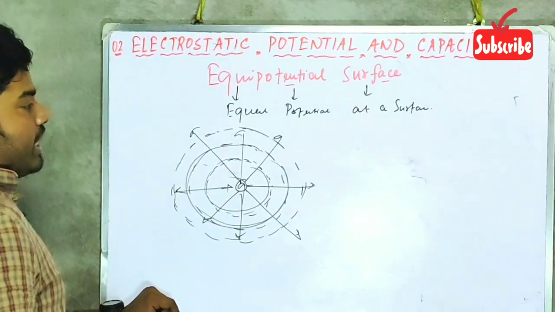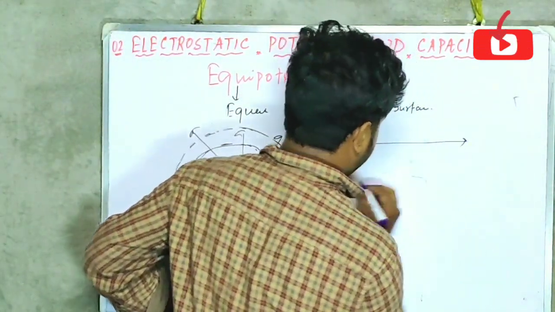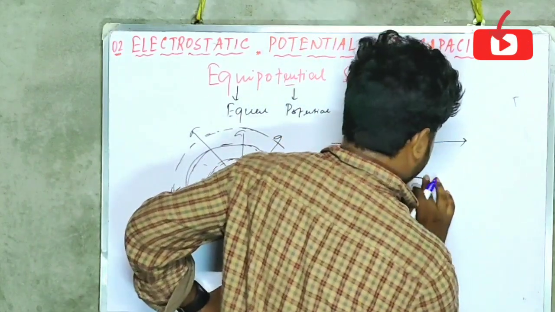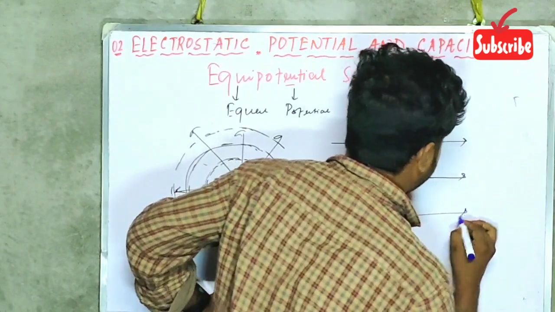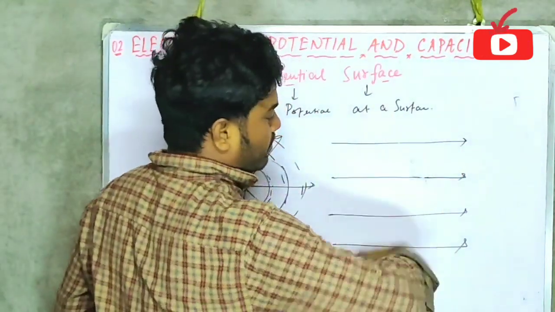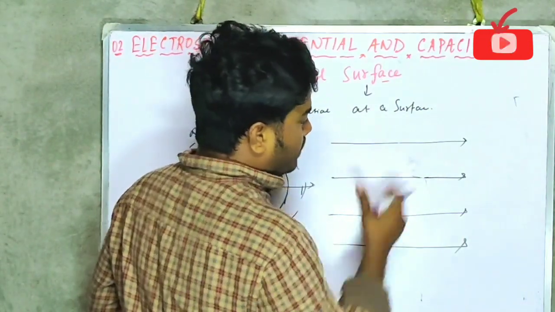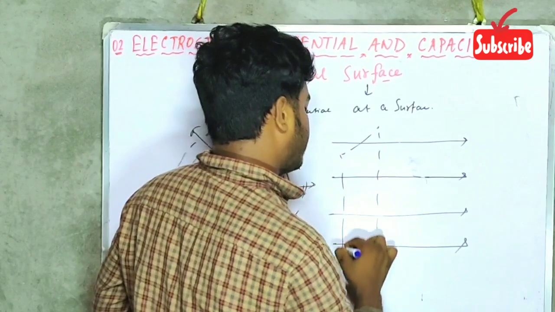Now suppose there is a uniform electric field and you have to draw equipotential surfaces for it. A uniform electric field means the electric field is directed along the same direction, and the spacing is equal. In this case the equipotential surface will be a plane.